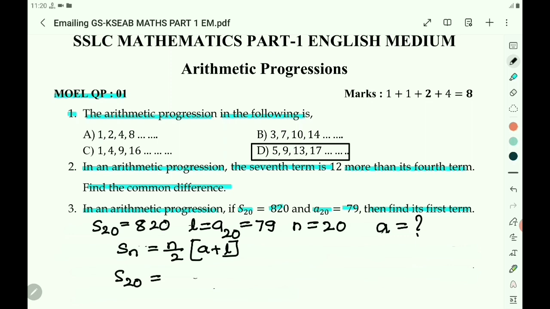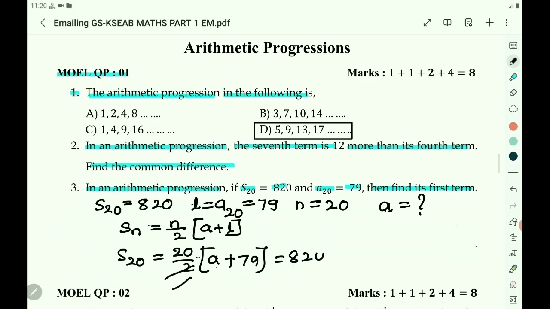S20 is equal to, N is 20, 20 by 2, A is to be found out, L is 79. That is the last term, 20th term. That is, you write 79. So S20 is equal to what? 820. You write that is equal to 820.